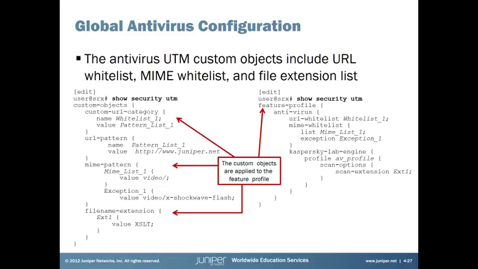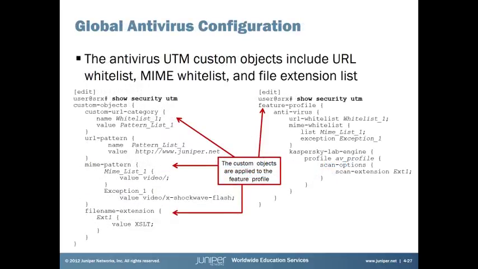Then under our feature profile, we'll have an antivirus whitelist where we reference the whitelist that we've set up. We're referencing our MIME list and our exception list there as well. This is using the Kaspersky Lab engine, profile, and scan options, scan extensions. We've got a list of extensions that we're including in the scan.